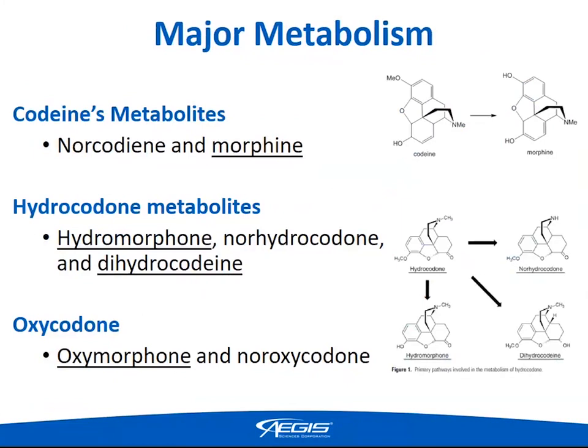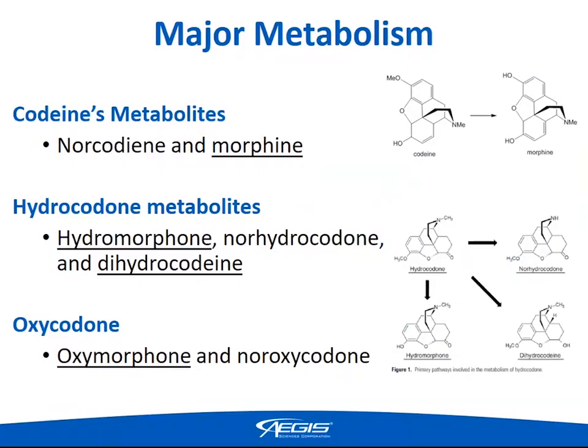Hydrocodone's major metabolites are hydromorphone via 2D6 and norhydrocodone via CYP3A4, and also dihydrocodeine. Oxycodone's major metabolites include oxymorphone, which is a product of 2D6 metabolism, and noroxycodone, which is a product of CYP3A4 metabolism.